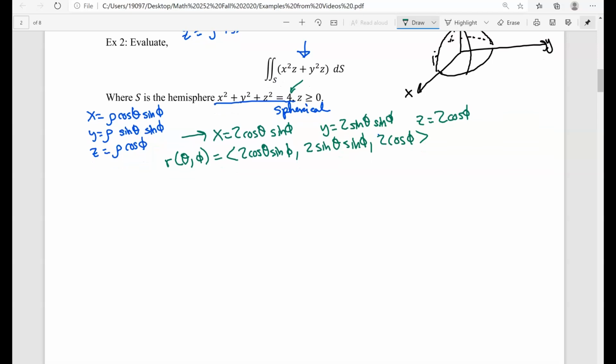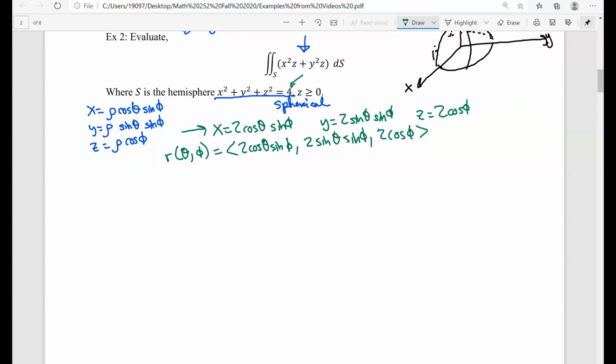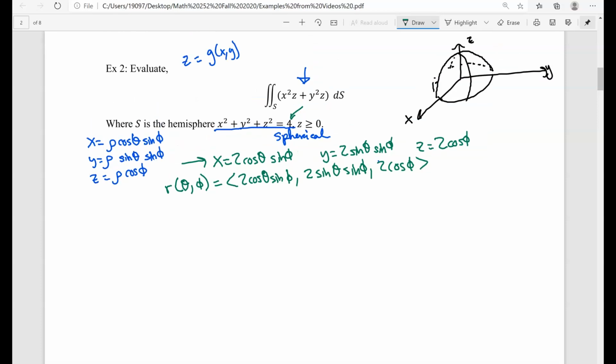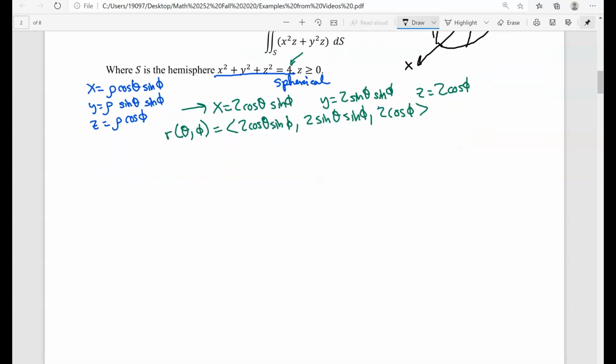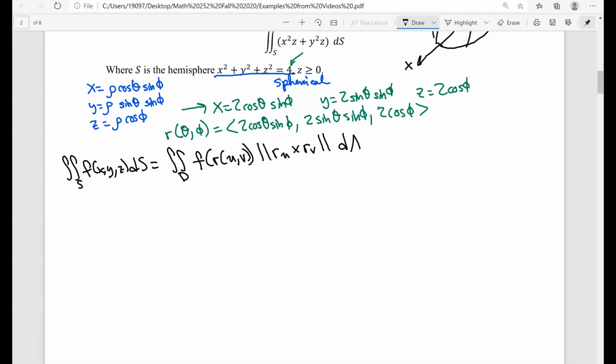Now we need to figure out what we're going to do when you have a special type of parametrization like this one. If you have a different parametrization than the other one, in order to find the surface integral, the double integral over the surface of f of x, y, z dS is going to be equal to the double integral over D. And we're going to plug whatever parametrization I found into the function and then multiply it by the magnitude of r_u crossed with r_v, and then this is going to be dA.